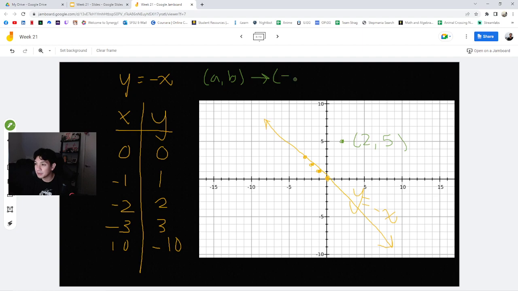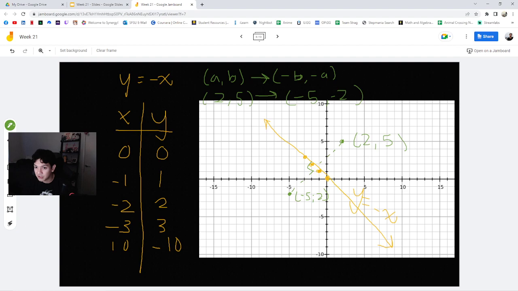Then it's now going to become negative B, negative A. So if I have 2, 5, where is this going to be? Let's swap it. It's going to be 5, 2, but now we apply the negative value. So negative 5, negative 2. So where's negative 5, negative 2? It's going to be right over here at negative 5, negative 2. Let's see if it makes that really nice line to create something perpendicular. And it does. So that's all that it is to it.